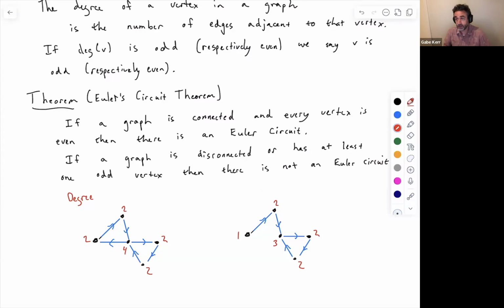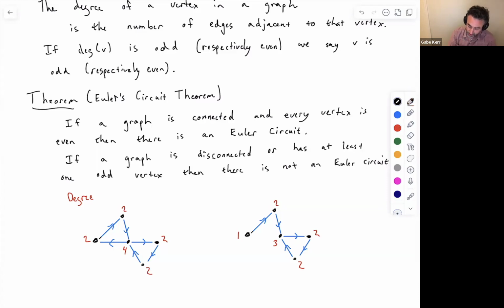And now we don't have any Euler circuit whatsoever. This is what Euler's theorem says. Of course, if you disconnect the graph, there's no path at all from one vertex in one part of the graph to the other. So if it's disconnected, there's no dice there.